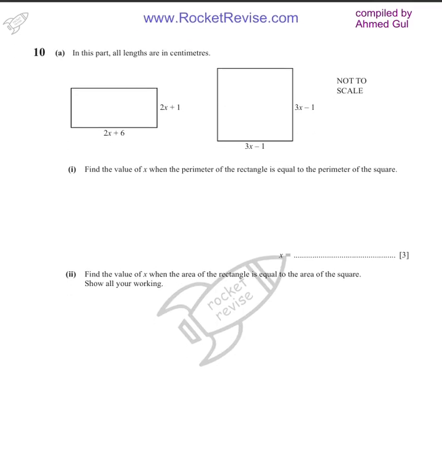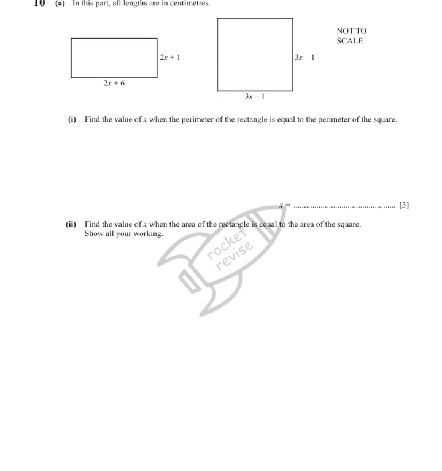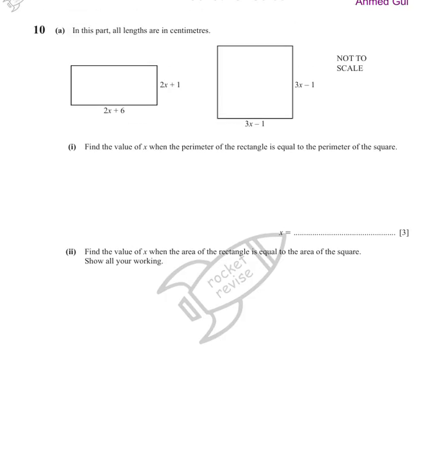Okay, this seems like a bit of a competitive question. Find the value of x when the perimeter of the rectangle is equal to the perimeter of the square. 3x minus 1 multiplied by 4 equals 2 times 2x plus 6.